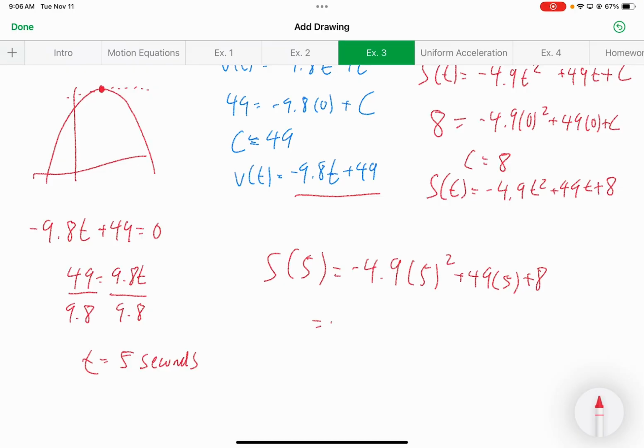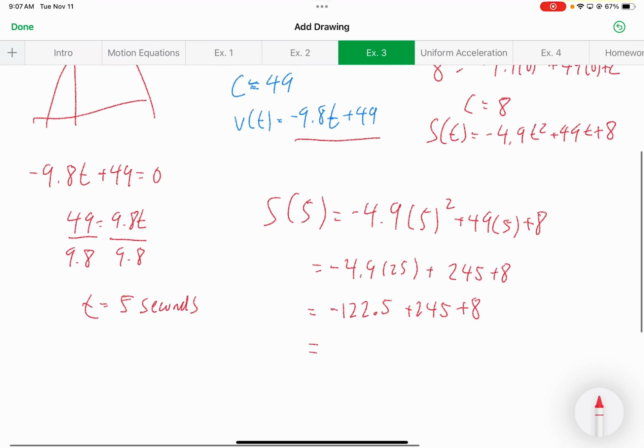So negative 4.9 times 25 plus 49 times 5, which is 245, plus 8. It's negative 122.5 plus 245 plus 8.